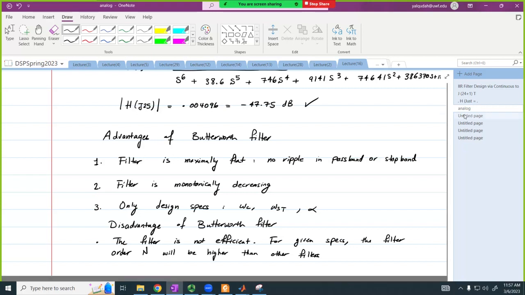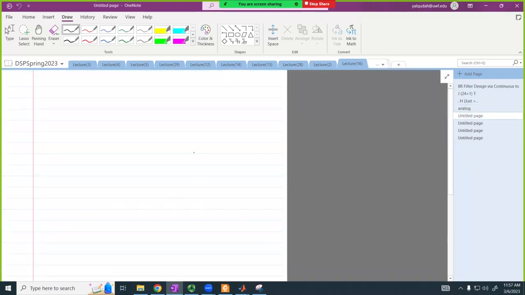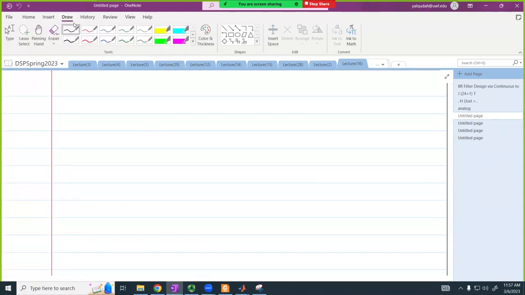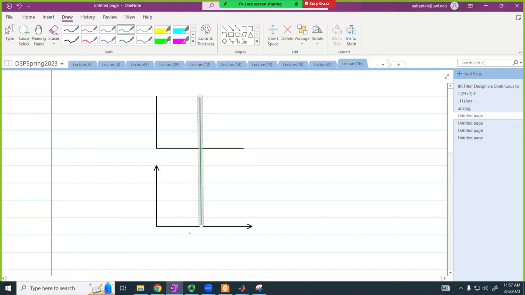And to see why that is the case, if I look at the Butterworth filter and compare it with other types of filter, the filter looks something like this.